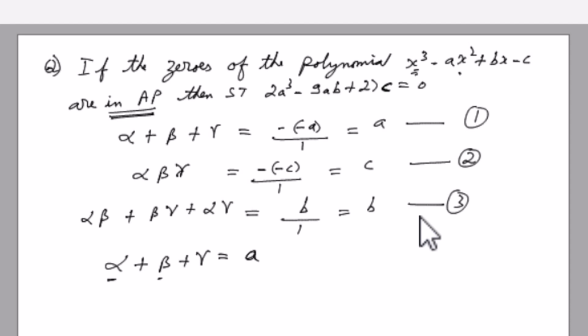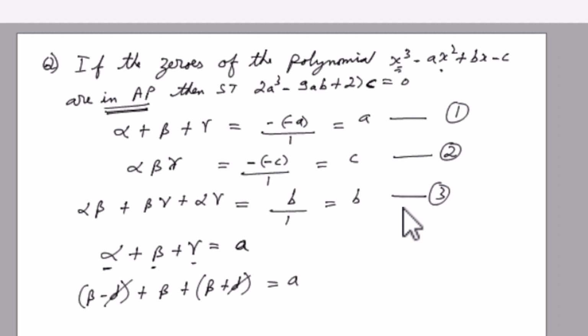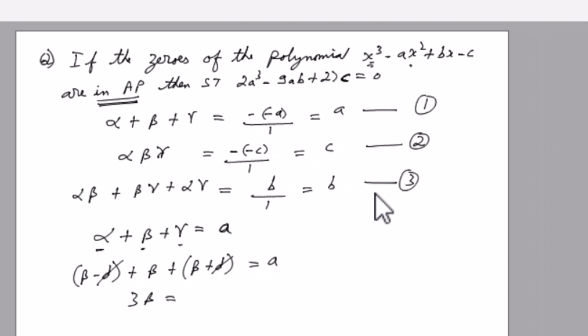Then the difference between beta and gamma is also d, because they are in arithmetic progression. So we can write beta minus d plus beta plus beta plus d equal to a. Minus d and plus d cancel. So we have 3 beta equal to a. This is equation number 4.